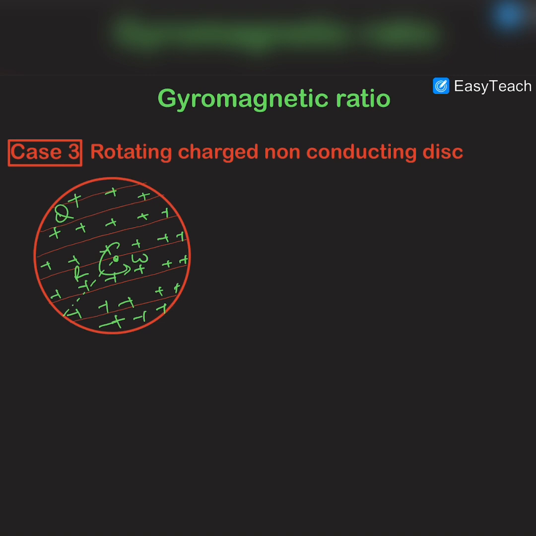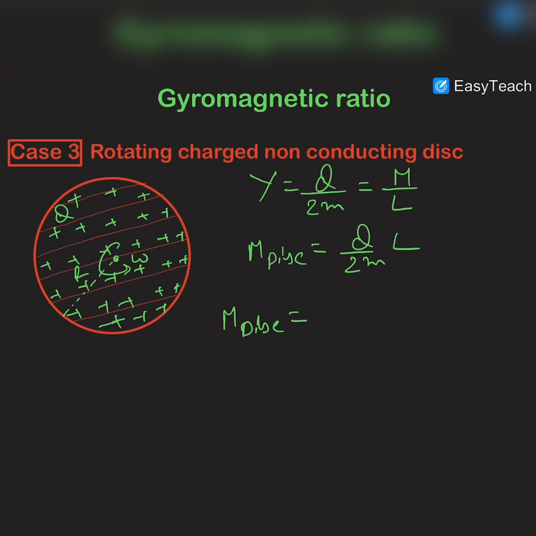But to skip that long method of integration, we can use the fact that the gyromagnetic ratio of this disk will be q by 2m, and it would be equal to M by L. So M of this rotating disk will be equal to q by 2m into L, and L is the angular momentum, which is I omega, and I of this disk is m r square by 2, and omega is the angular velocity.